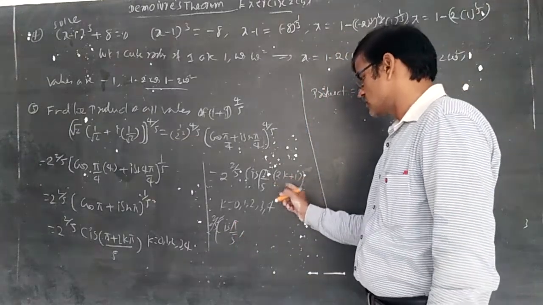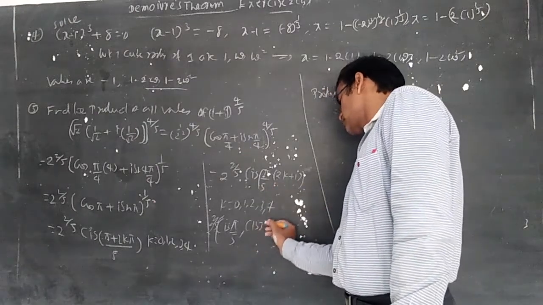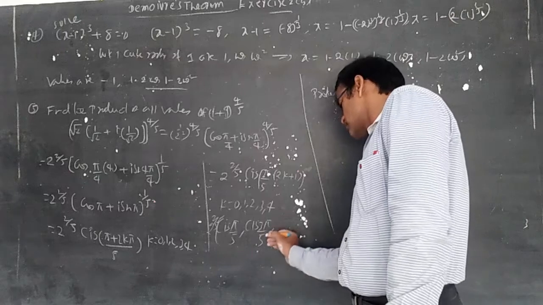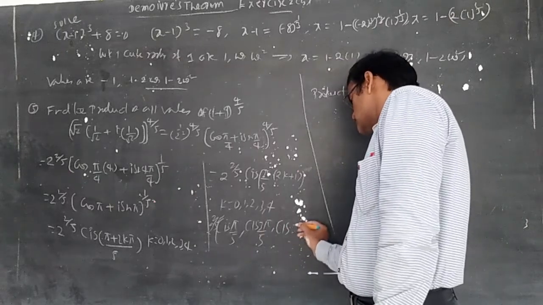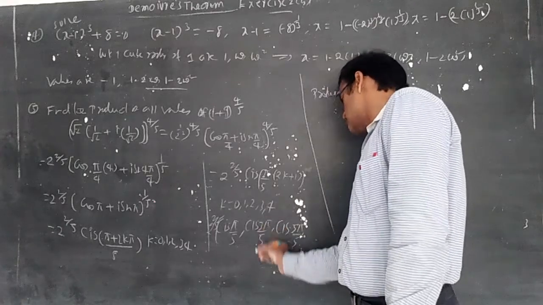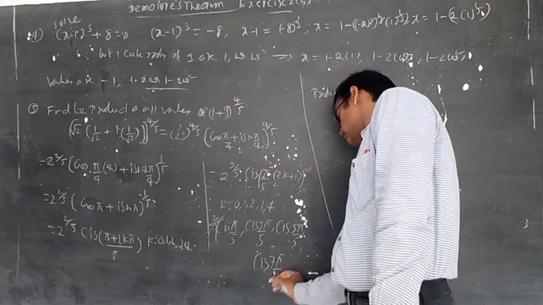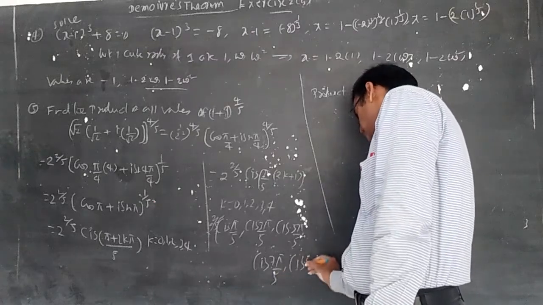If it is 1, cis of 3 pi by 5. If it is 2, cis of 5 pi by 5. If it is 3, cis of 7 pi by 5. If it is 4, cis of 9 pi by 5.